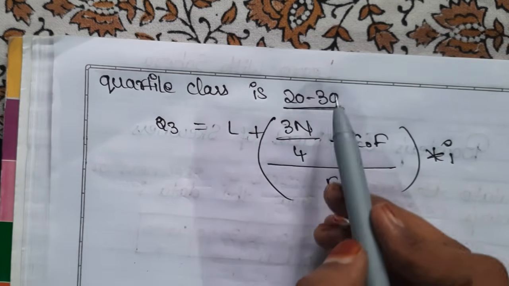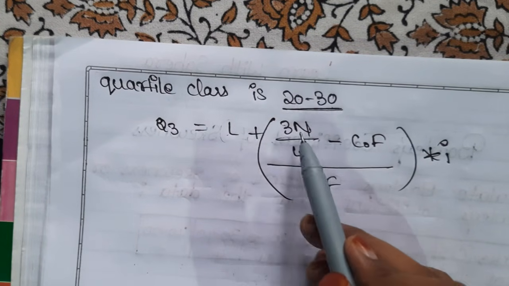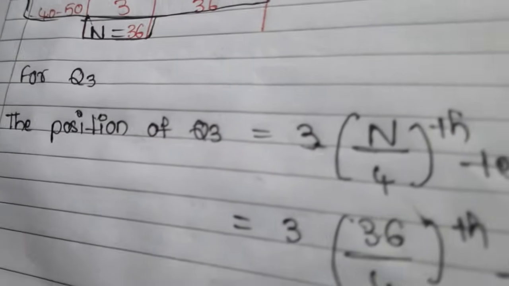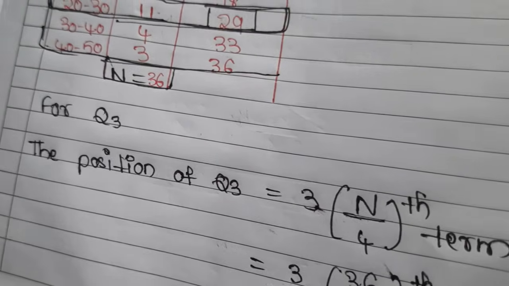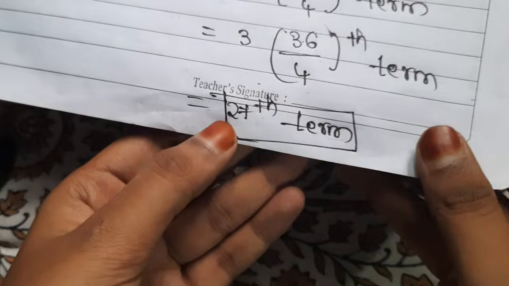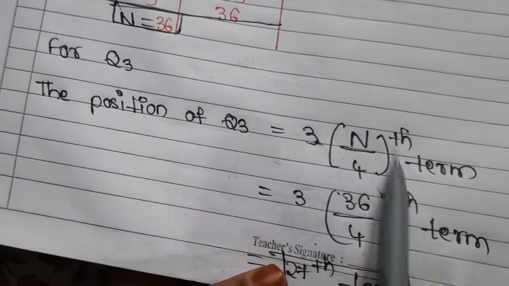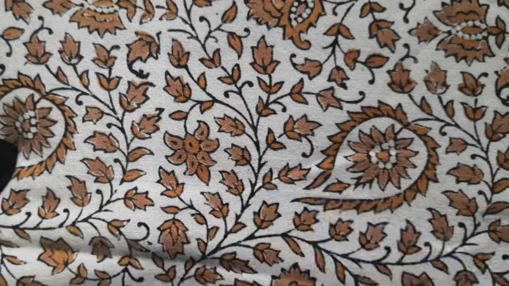Which is the smallest number, 30 or 20? 20 is the smallest, so L will be 20. 3n by 4 we have already found. 3n by 4 is nothing but the position of Q3, which is 27. So we need to take 27 here.